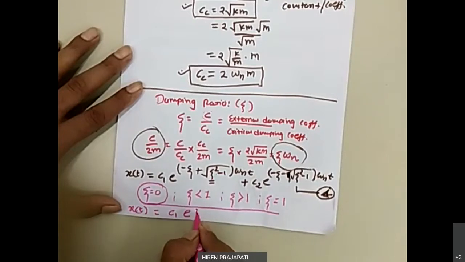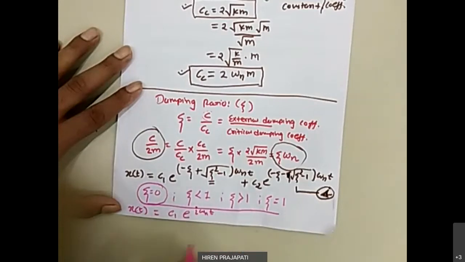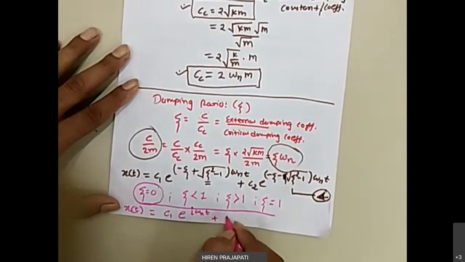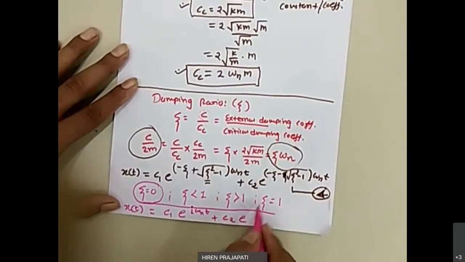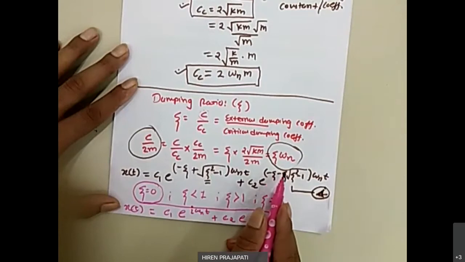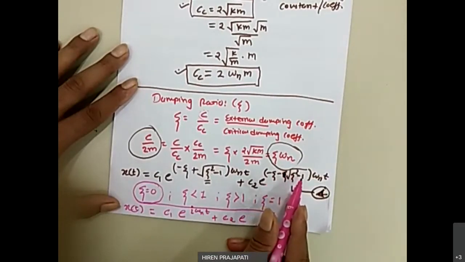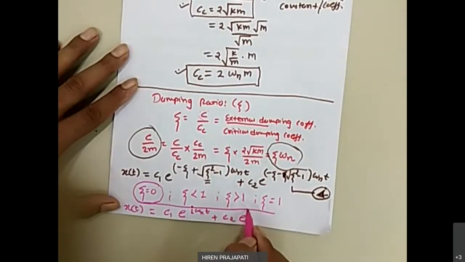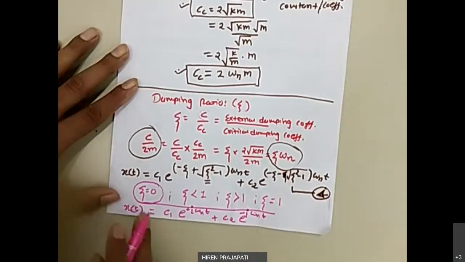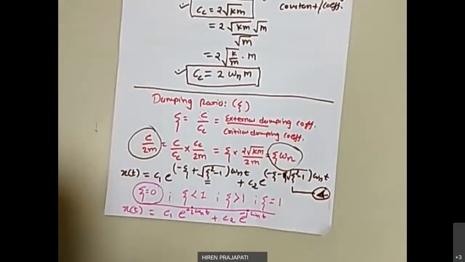Square root of minus 1 is called i, the imaginary part, into omega n t, plus c2 e raised to, again this is 0 minus 0, then again the imaginary part omega n t, but this time this is minus and this is plus. So this is the result when zeta is equal to 0.